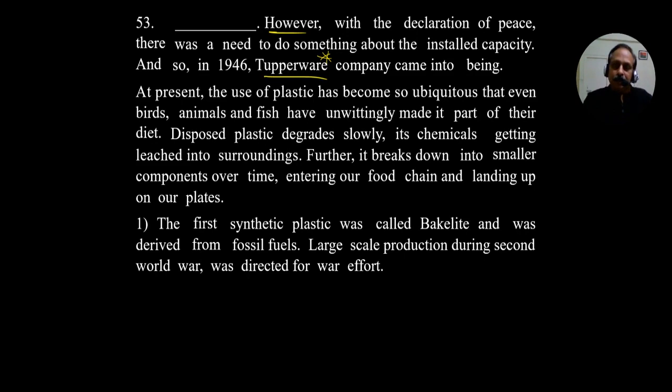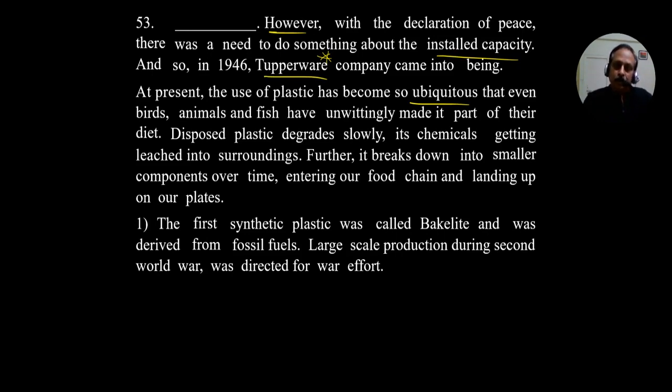However, with the declaration of peace, there was a need to do something about the installed capacity. And so, in 1946, Tupperware company came into being. At present, the use of plastic has become so ubiquitous, an important word. Ubiquitous means present everywhere. Today, plastic is seen everywhere. Unfortunately, today, plastic has become a menace, a threat to the environment.